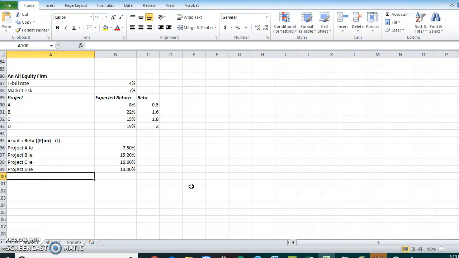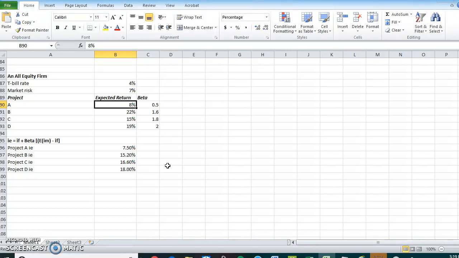So when we evaluate these, the expected return is right here. In this case, if project A's expected return of 8% had been compared to this project-specific required return of 7.5, it would have been accepted.